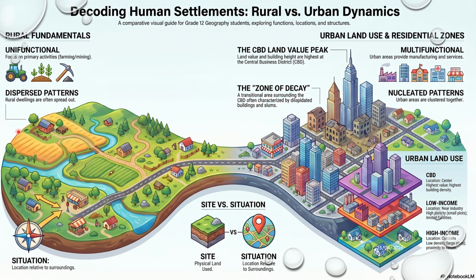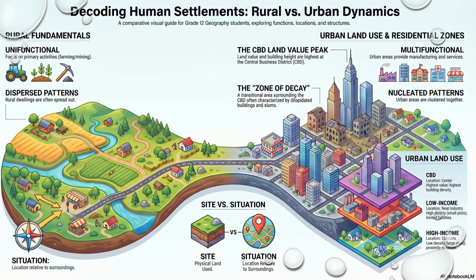It speaks about dispersed patterns here. Dispersed means you can see that in rural areas, houses are far apart. This is a dispersed settlement. But in rural areas, we can also have a nucleated settlement. They can also be close together in rural areas. But most of the time they are dispersed, they are spread out, they are far apart, okay?